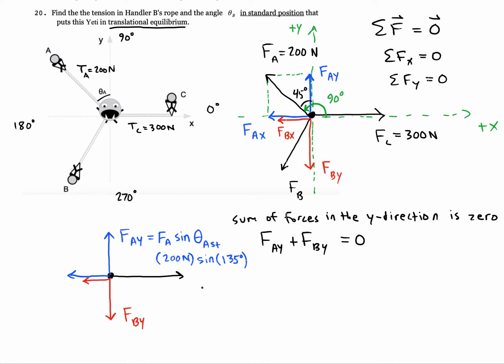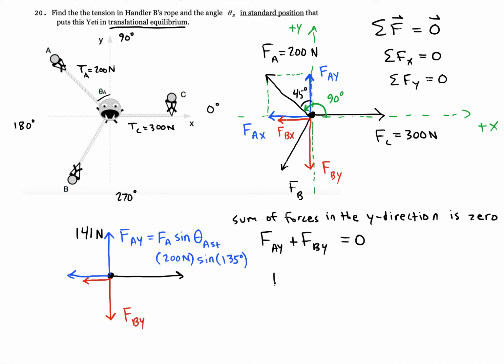Okay, so 200 sine 135 comes out to 141. So this is 141 newtons. So what that implies is that Fby must also be 141 newtons.